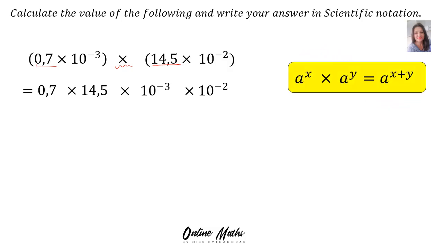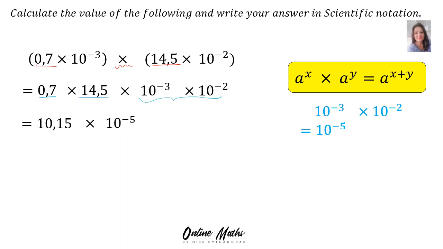We will use the laws of exponents, where it says if your bases are the same, you add exponents. Minus 3 minus 2 is 10 to the minus 5. Back to my sum. Now I can say 0,7 times 14,5 is 10,15, and then this we worked out on the right hand side is 10 to the power negative 5.